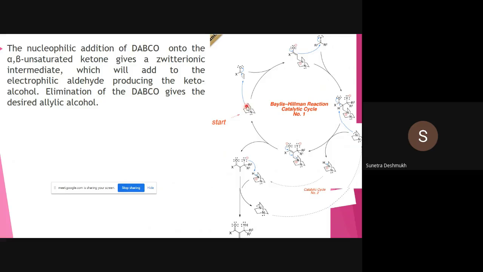Once this nucleophile attacks at the first position, 1, 2, 3, 4, this is 1,4 conjugate addition of this catalyst across the alpha beta unsaturated carbonyl compound to generate this zwitterion.